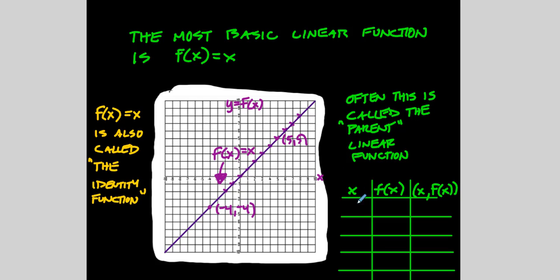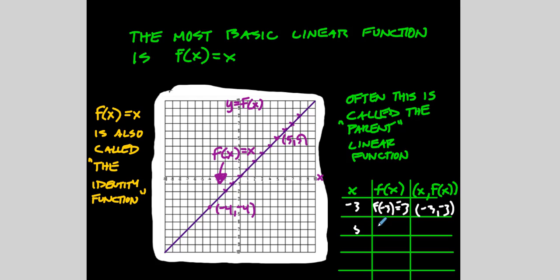So I'll just fill out a couple things on the table here demonstrating that again. If x is -3, f of -3 equals -3. Remember, this does not mean f times -3, this means f of -3. This is function notation, meaning the function f is evaluated when x is -3. So this again would be the point -3, -3. And just do one more here.